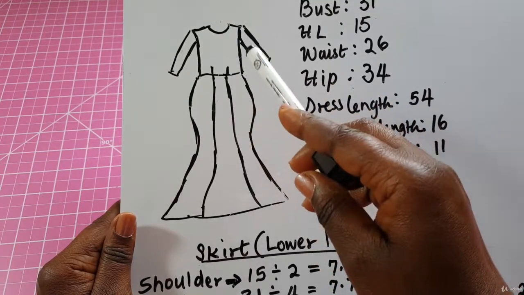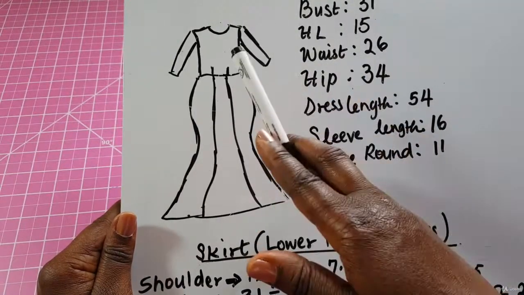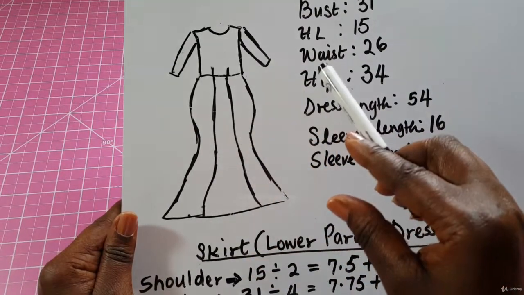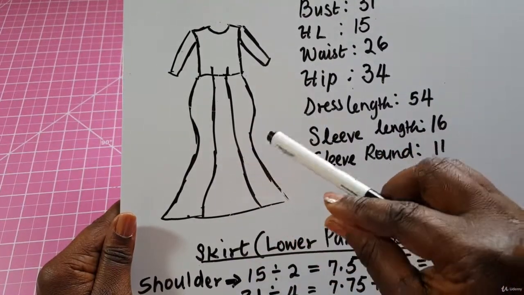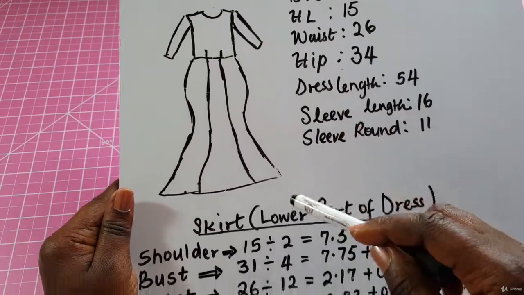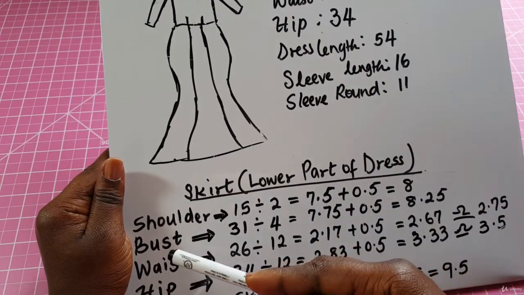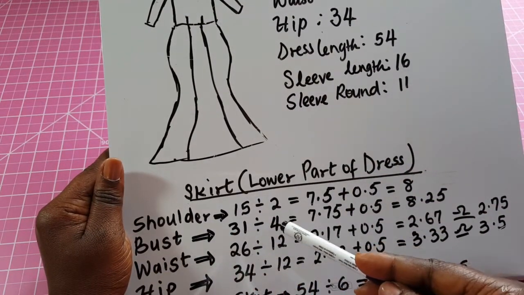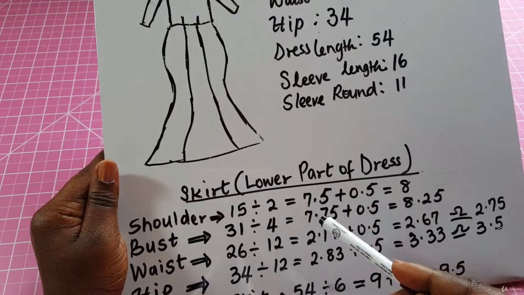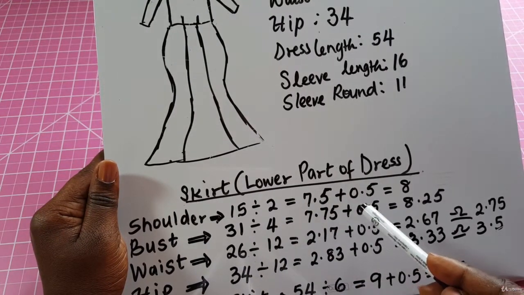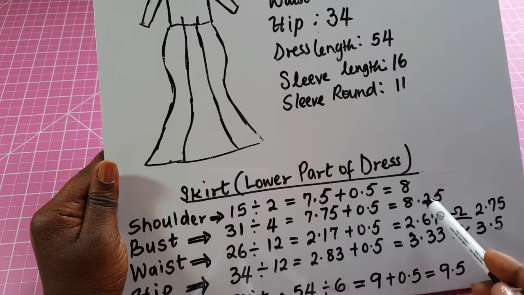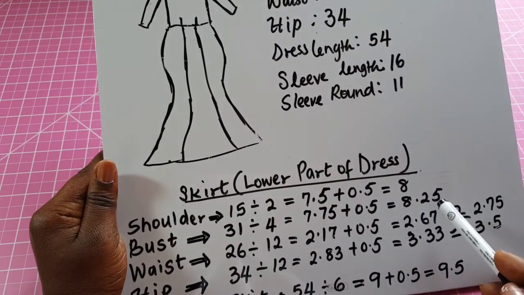When you fold it, you have 2 layers for the front and 2 layers for the back. That is why you're dividing your bust area by 4. This is what we got, 7.75. We added our allowance and arrived at 8.25.